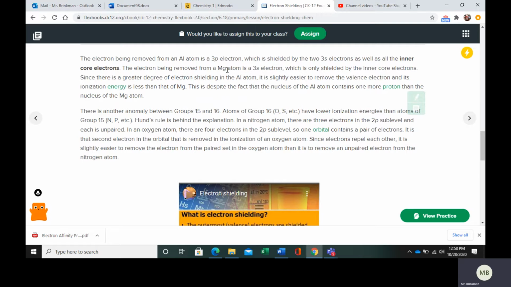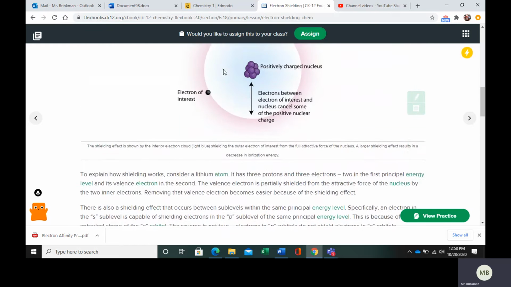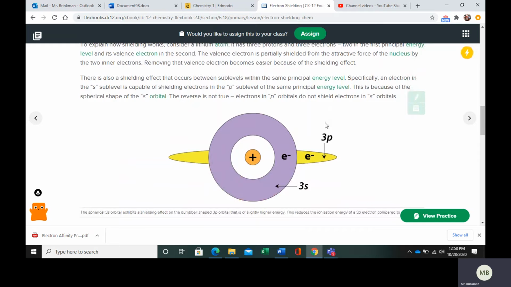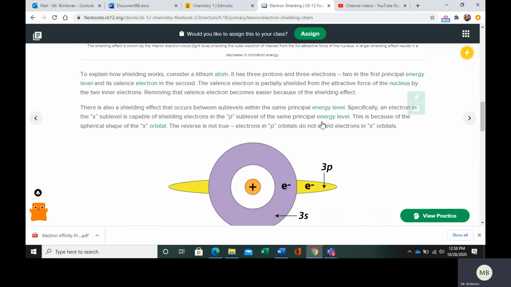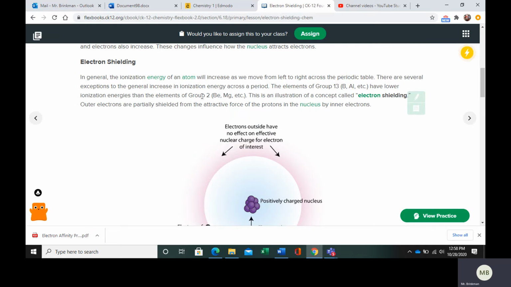Magnesium is group 2, and aluminum is group 13. We got a little sidetracked from this explanation, but magnesium is group 2, aluminum is group 13.